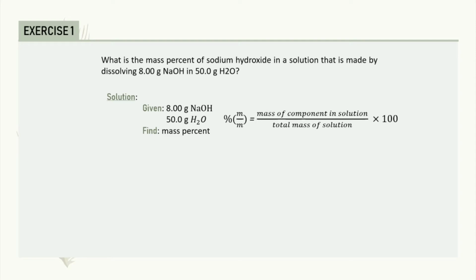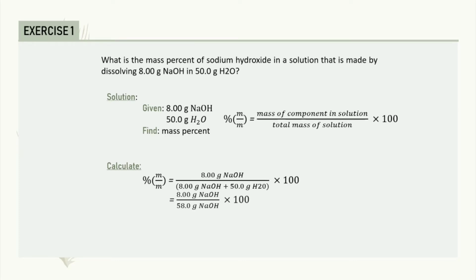The total mass of solution would be 8 grams of sodium hydroxide and 50 grams of water because that makes the entire solution. So, the mass percent of sodium hydroxide is equal to 8 grams of sodium hydroxide divided by 8 grams of sodium hydroxide plus 50 grams of water times 100.